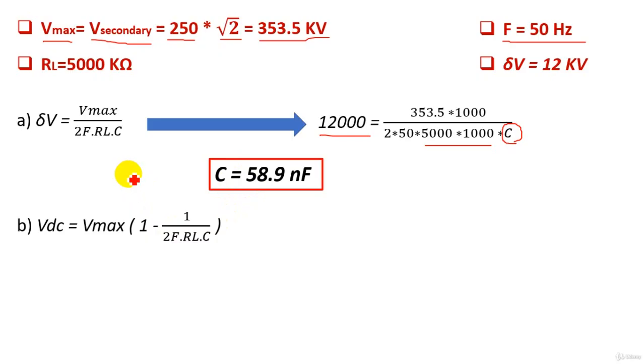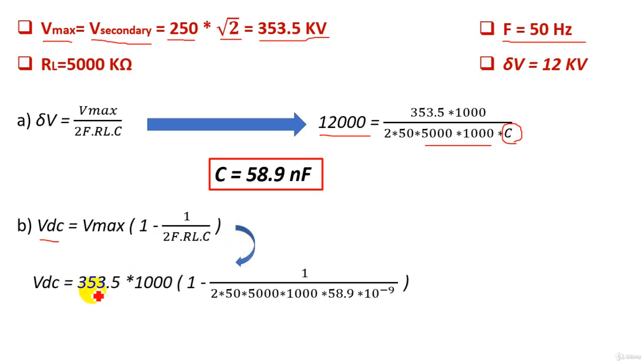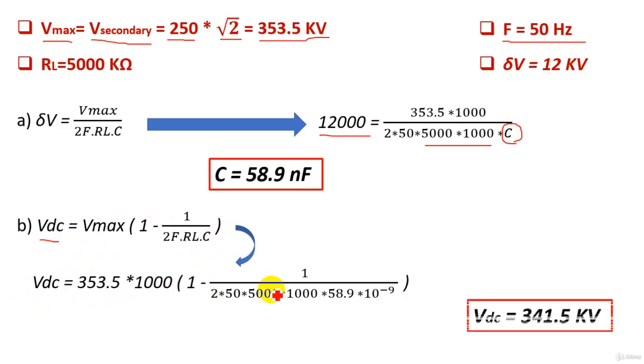The second requirement is to obtain the DC voltage. We know from the equation of the DC voltage that V_DC equals the maximum voltage times (1 minus 1 over 2 f R_L C). So by substituting the maximum voltage, the supply frequency, the load resistance, and the capacitor obtained, we will obtain the DC voltage as 341.5 kilovolt.